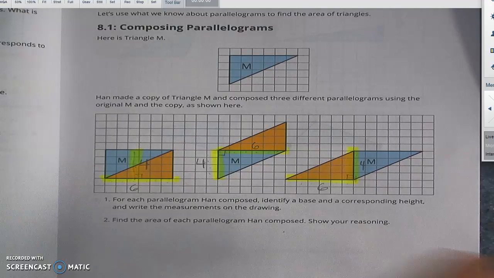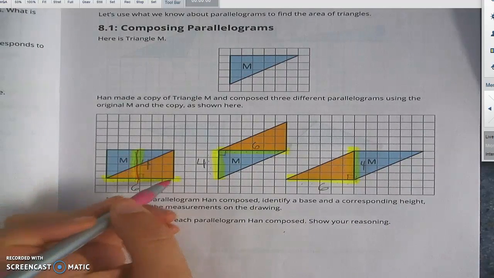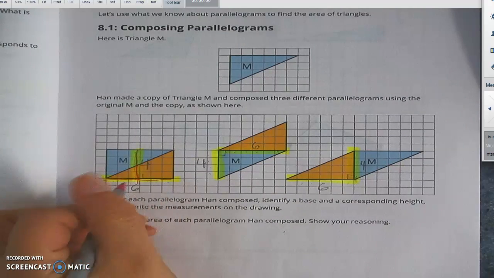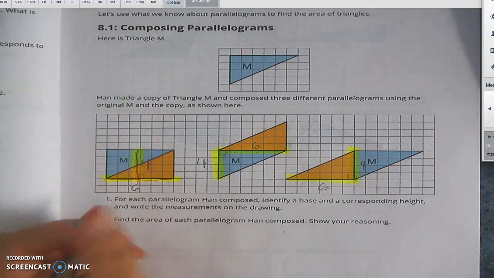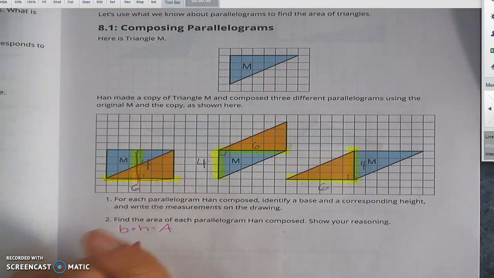Okay, that first one, sorry, I just didn't think that showed up very well in pencil. That first one, my base is 6 and my height is 4, so since I know base times height equals area, I'm going to do 6 times 4, which is 24 square units.